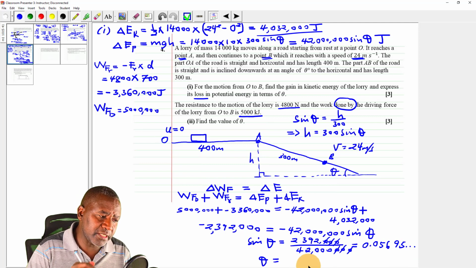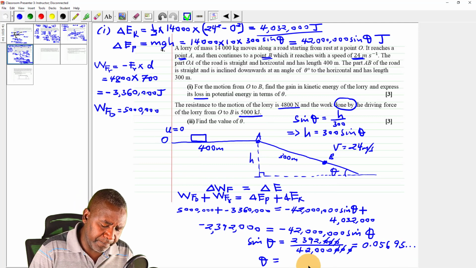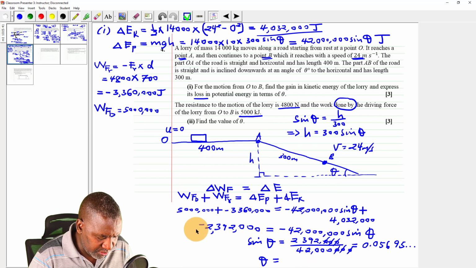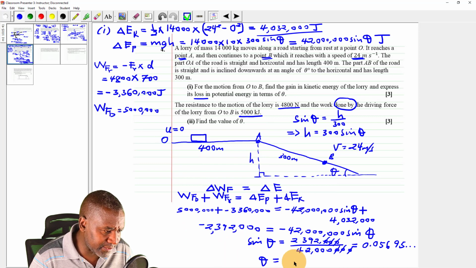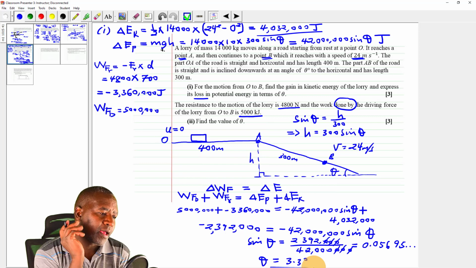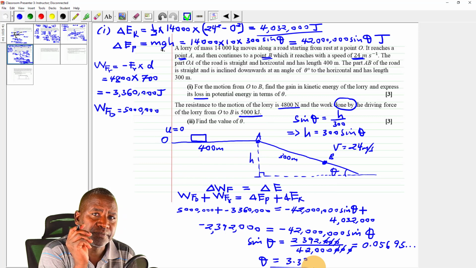I can get the theta by doing shift sine inverse of the answer, and I should get 3.26, which is about 3.3 degrees. And that should be the answer.